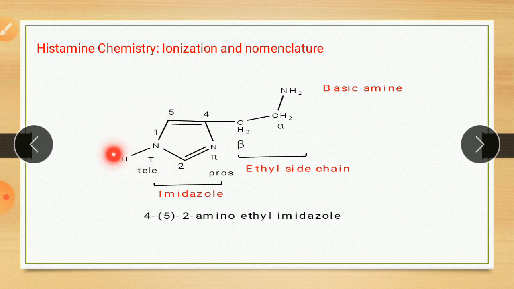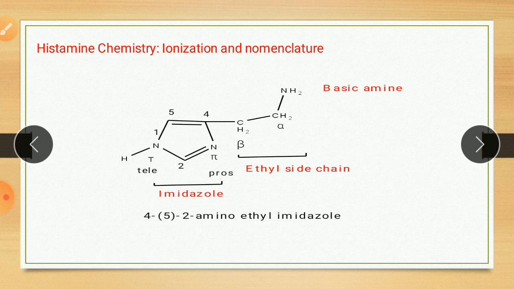The nitrogen at position 1 is called tele nitrogen, designated as tau sign. The side chain nitrogen is designated as alpha nitrogen. This nitrogen which is attached to the alpha carbon is called alpha nitrogen. So in total 3 nitrogens are there: tele nitrogen, pros nitrogen, and this one is alpha nitrogen. So it is the chemistry of histamine.